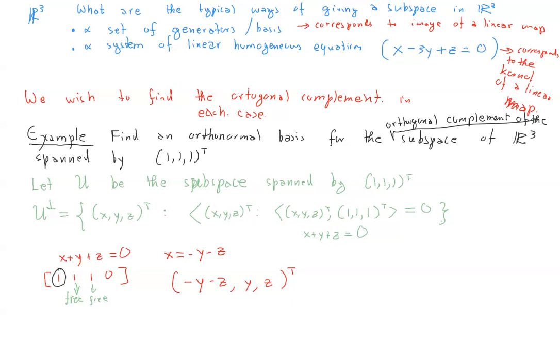We've done it exactly. Separate y and z. Great. So this is going to be minus y, y, 0 plus minus z, 0, z, right? Which is y times negative 1, 1, 0 plus z times negative 1, 0, 1.